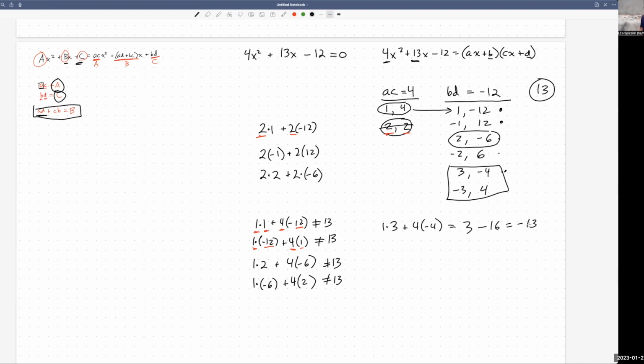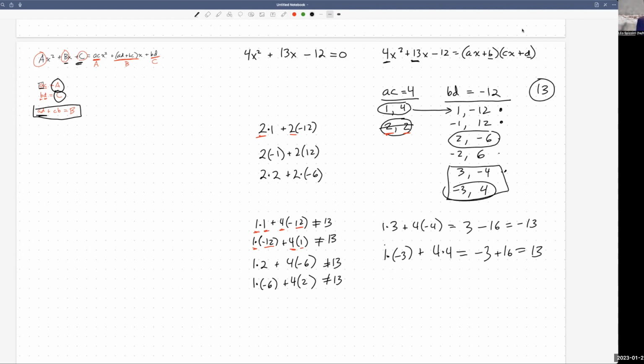That feels pretty hopeful. If we take the other sign, if we put the negative on the 3, let's see what happens. 1 times -3 plus 4 times 4 is equal to -3 plus 16, which is equal to 13. Okay, so now we've found something that works.